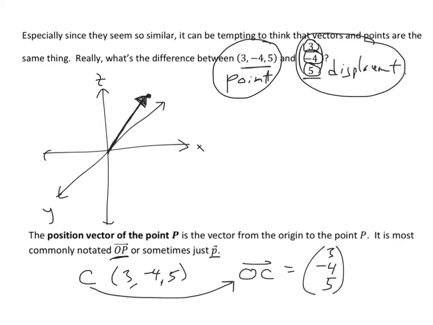And so this is our way of recognizing that the point and the vector are different, so we use point notation for C, and the position vector for C would be written using the same components, but in vector form. So this locates the point. This is the idea of what movement it would take to get from the origin to that point.